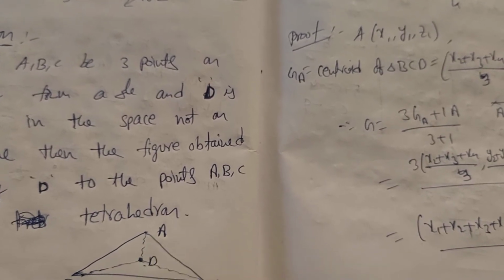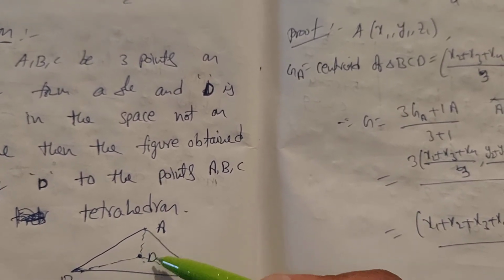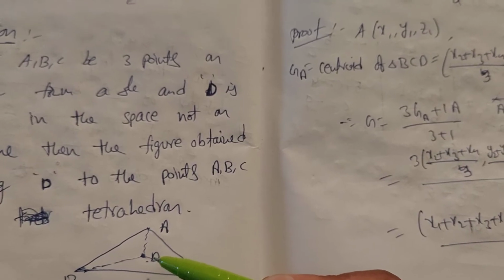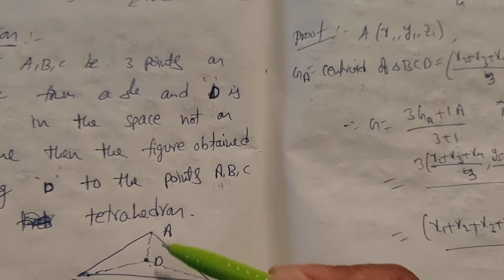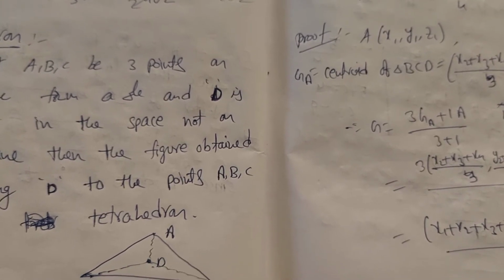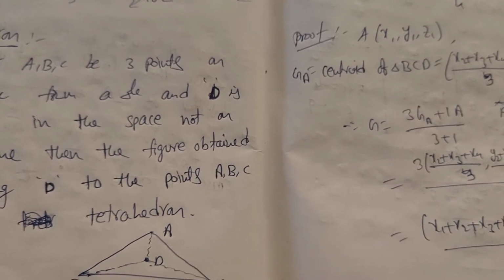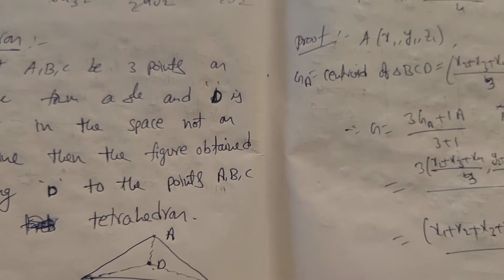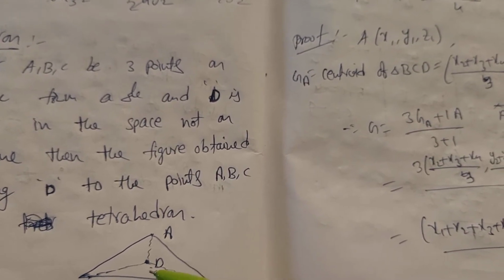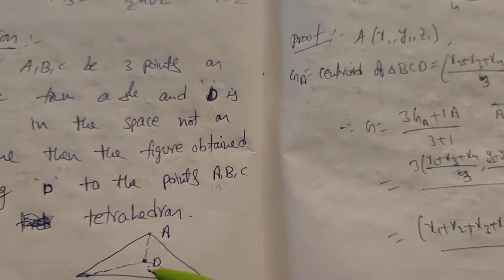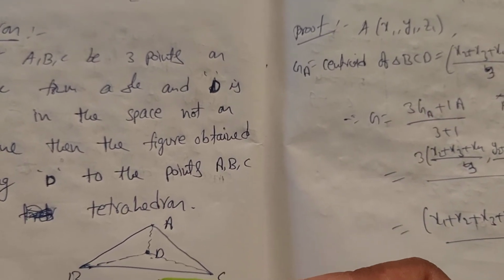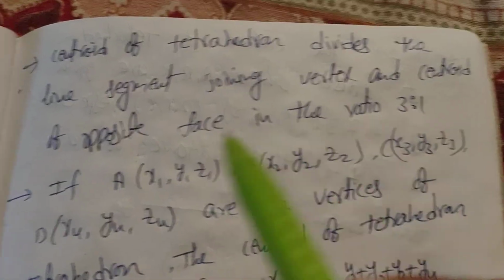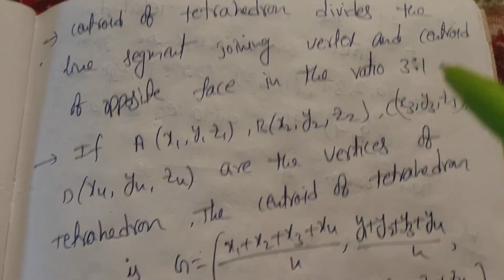The centroid of triangle ABC is denoted by GD, because D is the opposite vertex of that triangle. And the centroid of the tetrahedron ABCD, if you denote it with capital G, divides the line segment joining D to GD in the ratio 3:1 from the vertex side. That is the opposite face in the ratio 3:1.